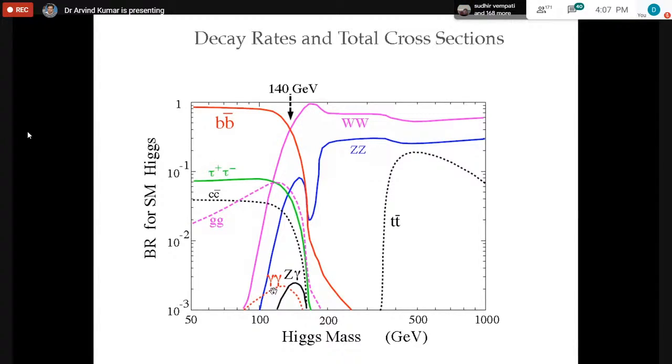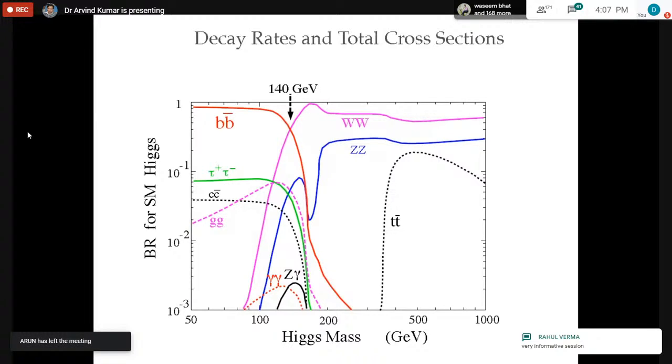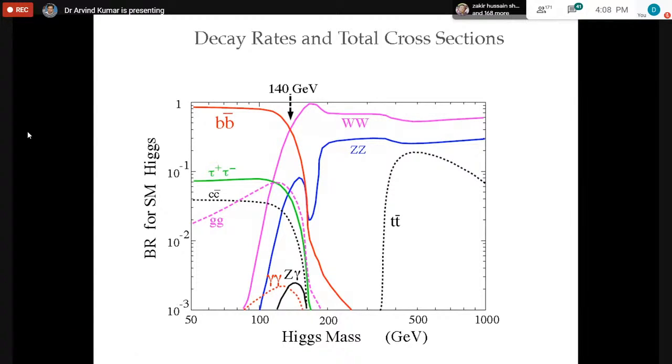But at the collider, this is the easiest thing to see, because the bottoms and the W's and everything completely overwhelm the collider detectors. But a photon you can actually see much better.